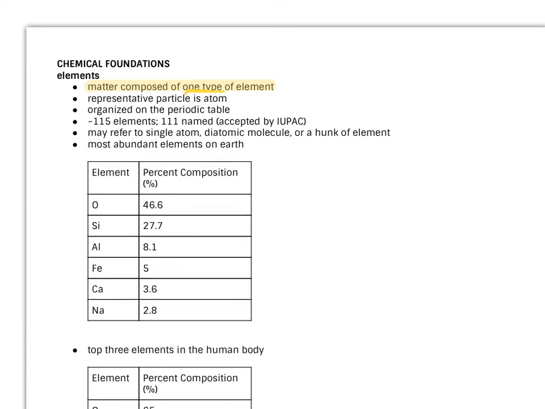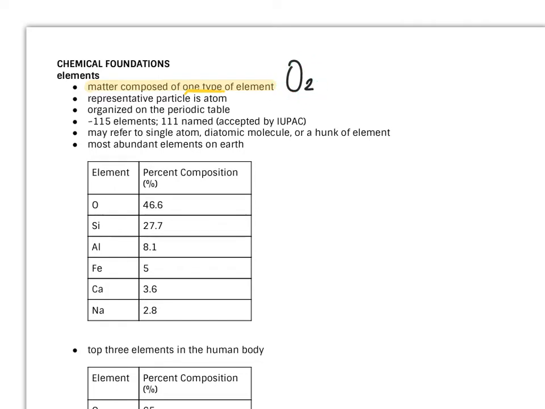So obviously, an element that we know of is oxygen. No arguing about that. But what if we're talking about oxygen gas, which is O2? Would that still be considered an element, or would it have a different term? Well, since the definition for element is composed of one type of element, it doesn't say one singular element, it just says one type of element.